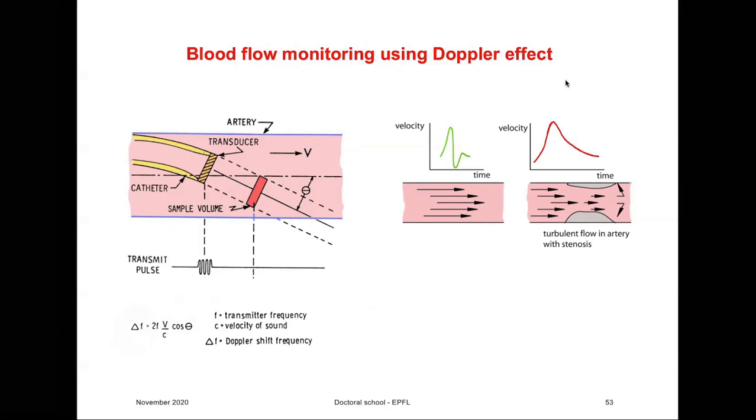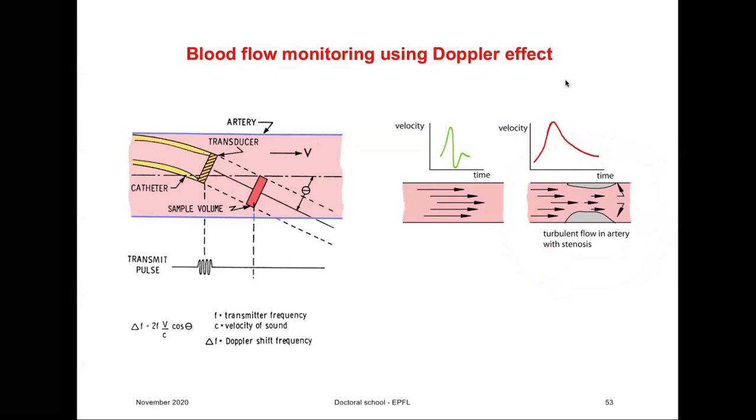Or you can use it to detect whether there is a clogging of blood vessels, for example, with fat deposits. If you don't have fat deposits, you will have a nice, almost Newtonian movement of the blood. But if there are deposits, then there will be creation of a turbulent flow.